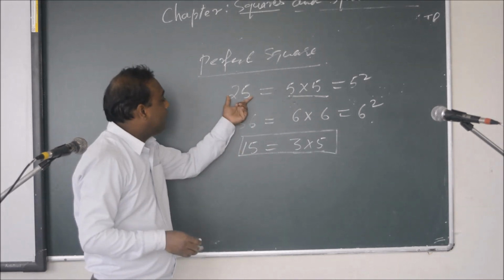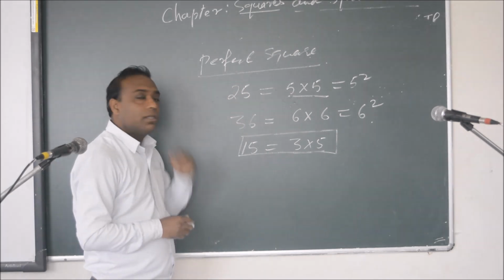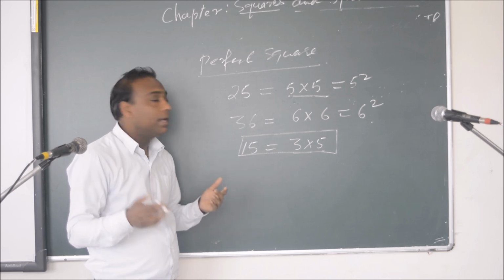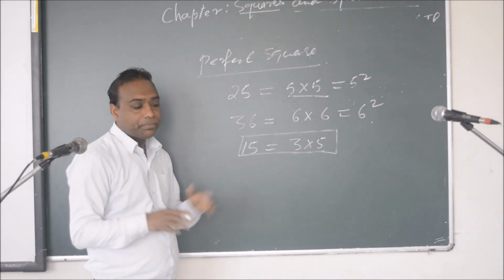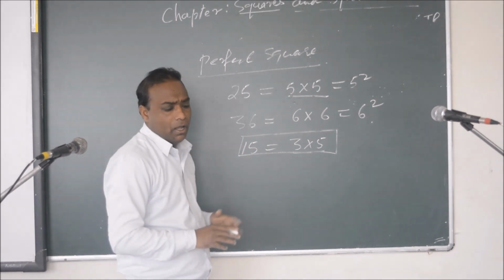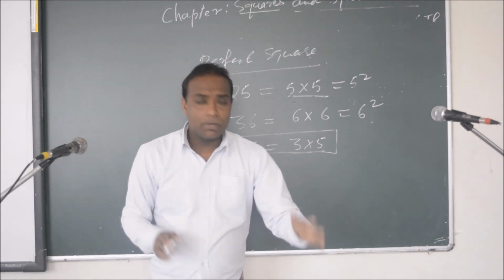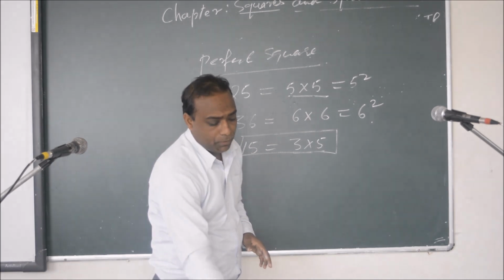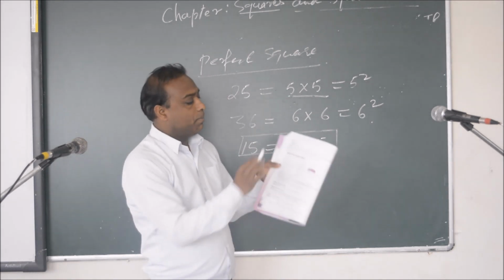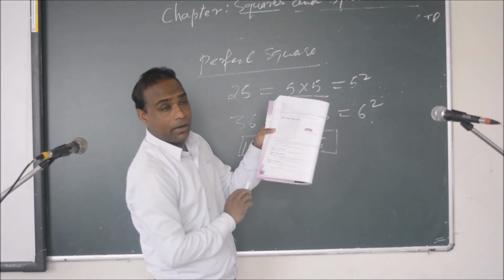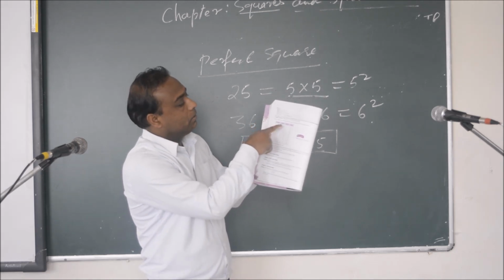Only 25 is a perfect square, 36 is a perfect square, 49 is a perfect square, 7 into 7 is 49. So different numbers are there. You can see the book also, on page number 24 there is a box, and many numbers are given there.